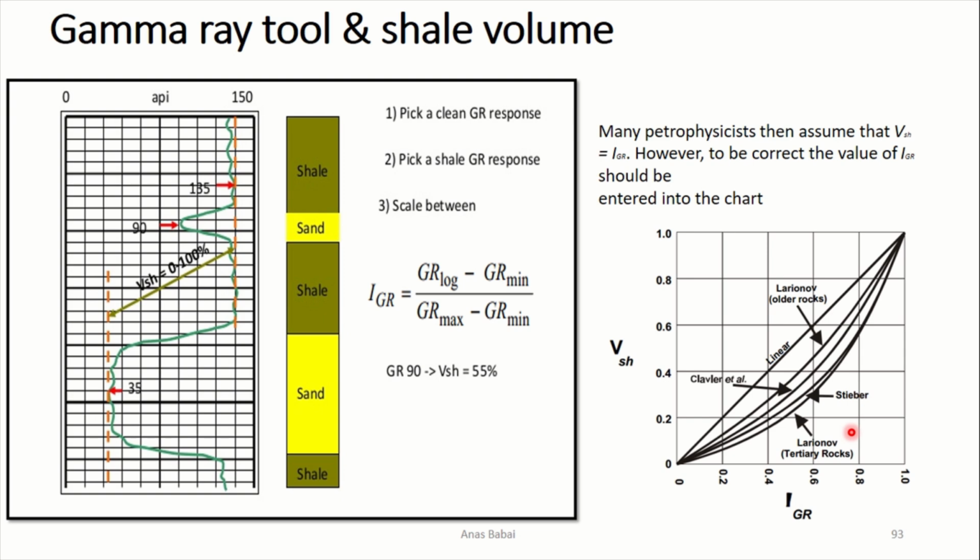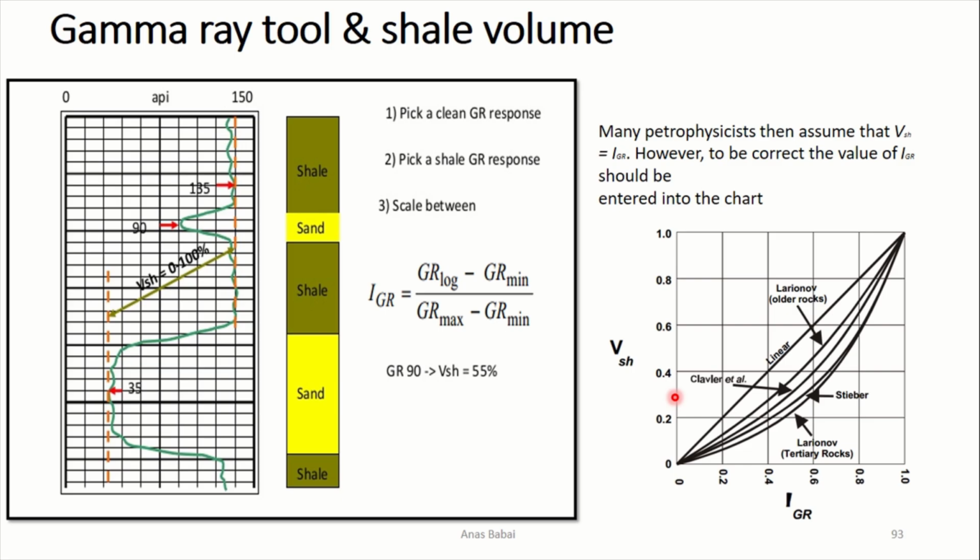And if we have tertiary rock, for example, we will take a straight line, and then the intersection with this line, Larionov, tertiary rock, you'll find that the volume of shale, or clay volume, is around 2.5.